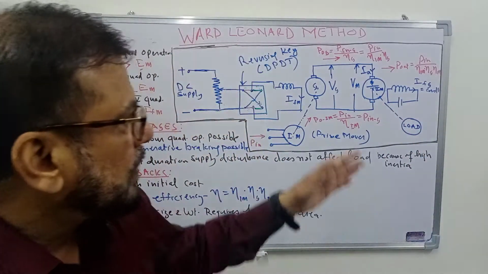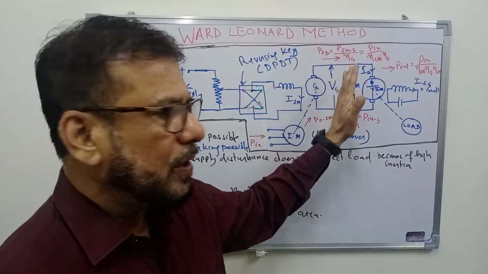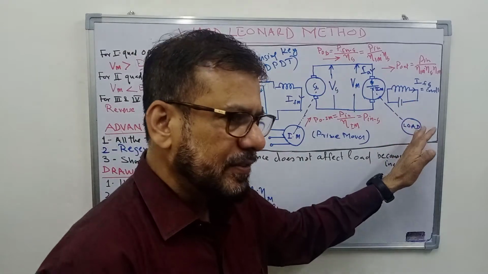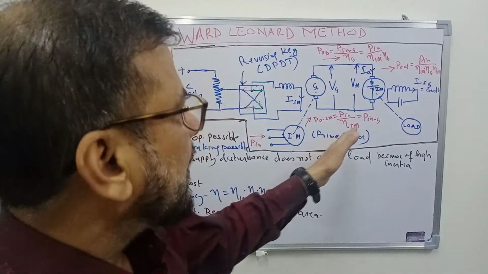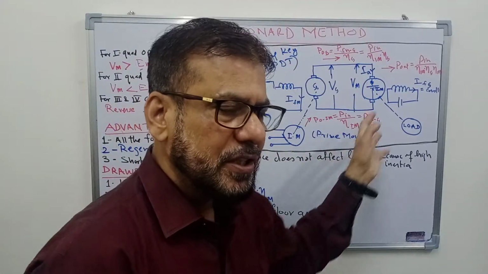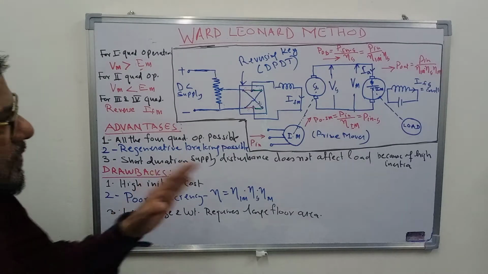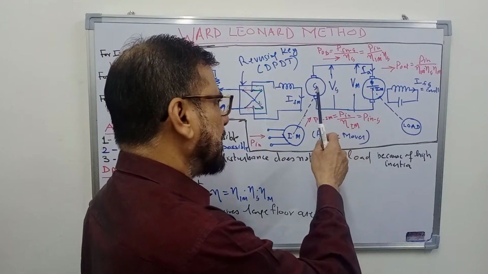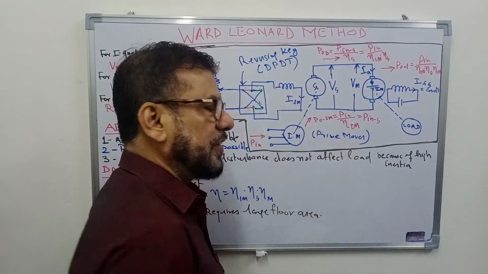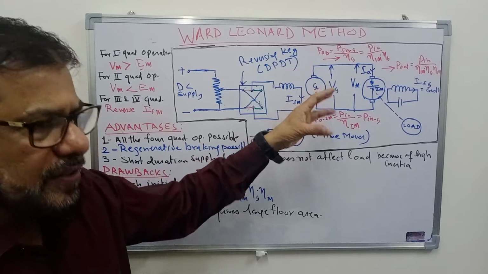So for that we require a high power supply, so that the voltage here is stable, it doesn't fluctuate as the load on the motor is changed. This means that we require a high power variable voltage DC supply on this side. So for this, what is done in this scheme is that we supply this power from a DC generator, and the DC generator is run by some prime mover.